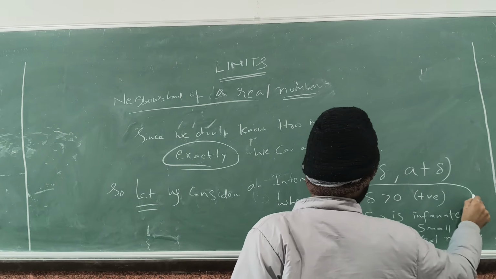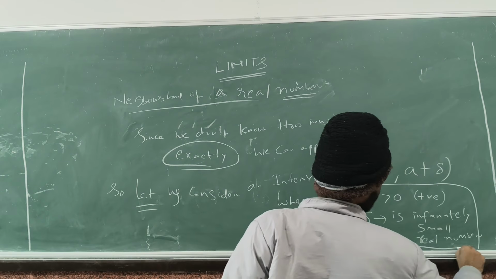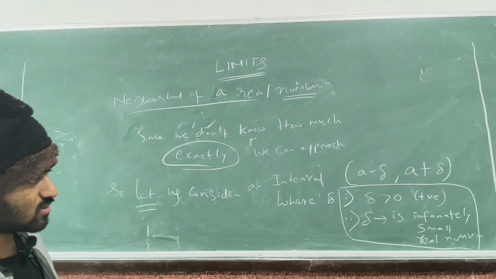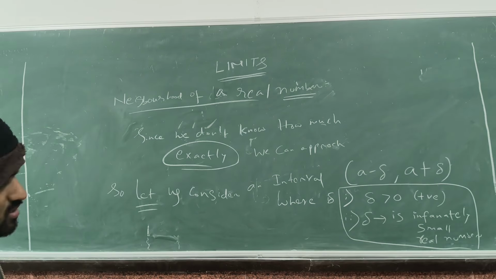Delta is positive and delta is infinitely small. Infinitely small means very, very small.